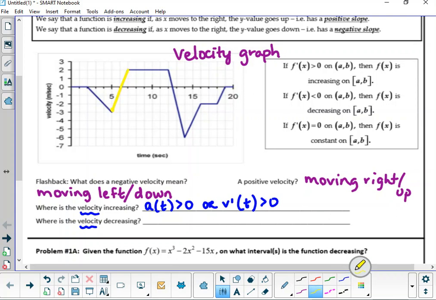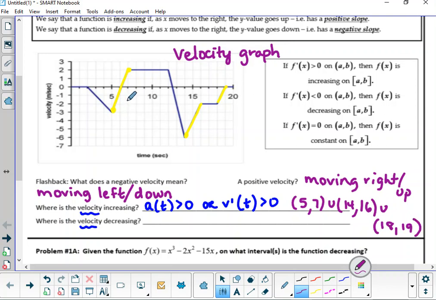Here we've got an increasing velocity. Here we've got an increasing velocity. And here we've got an increasing velocity. So how about 5 to 7 and 14 to 16 and it looks like 18 to 19.